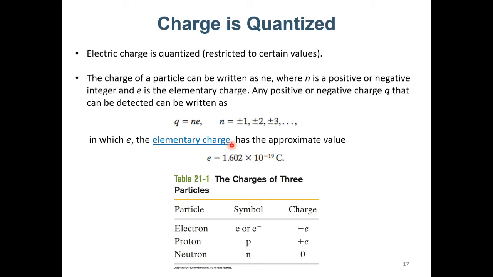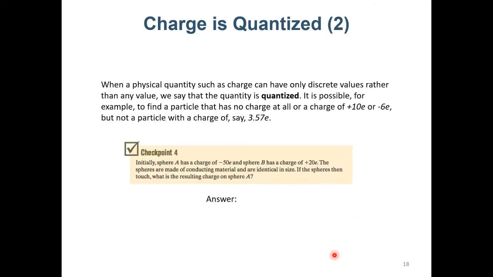We cannot have 1.5 charge, 2.2 charge, something like that. For the electron, the charge is negative e, for the proton positive e, and the neutron is 0. I suppose you have learned it in high school chemistry class.